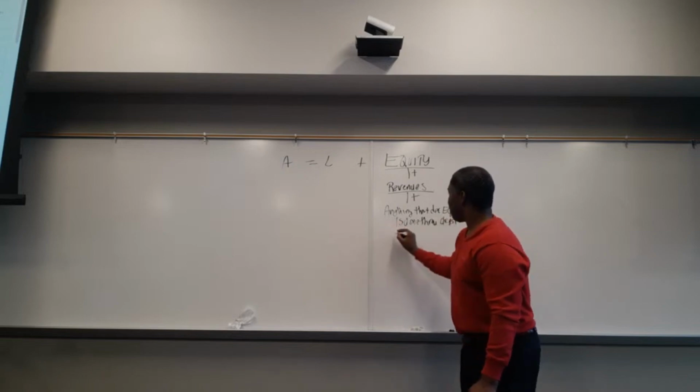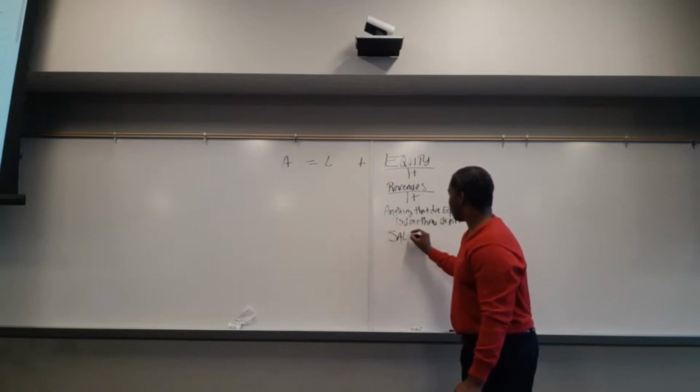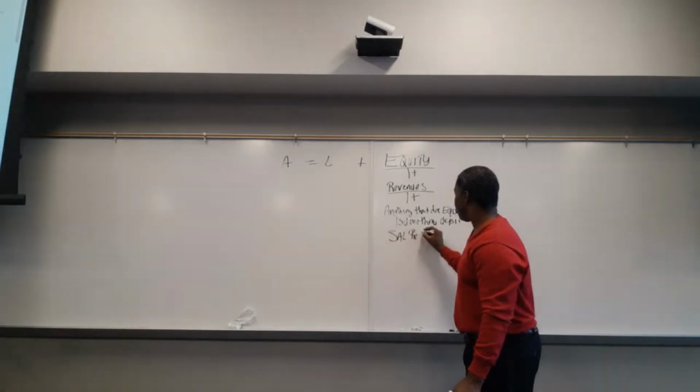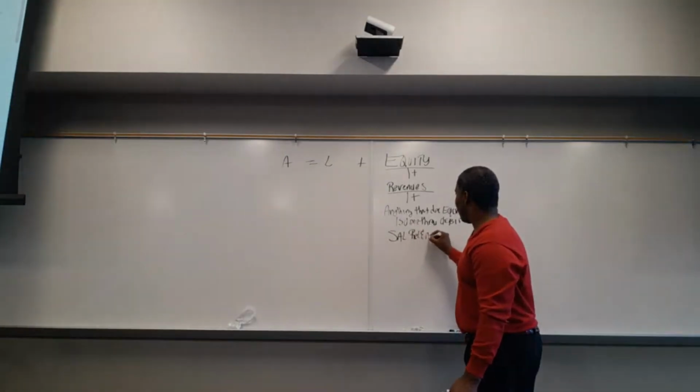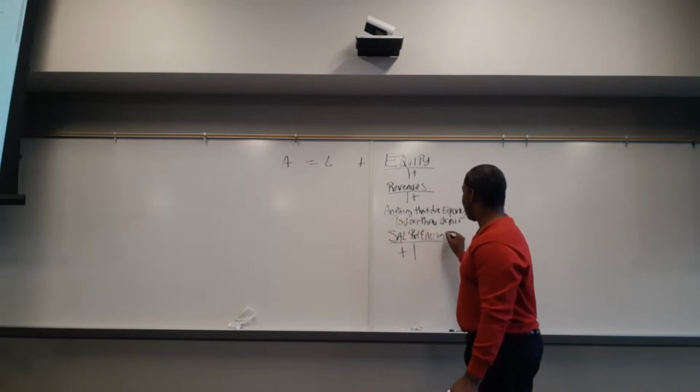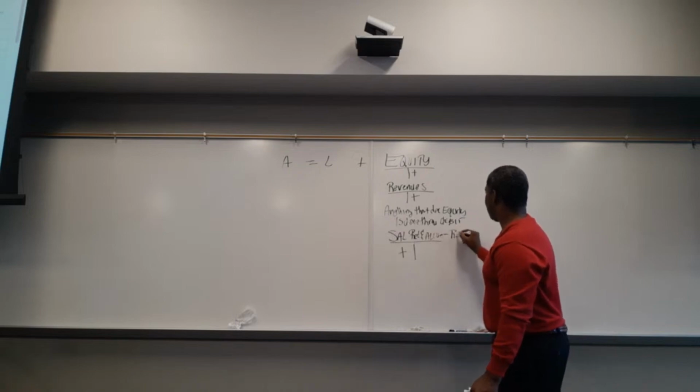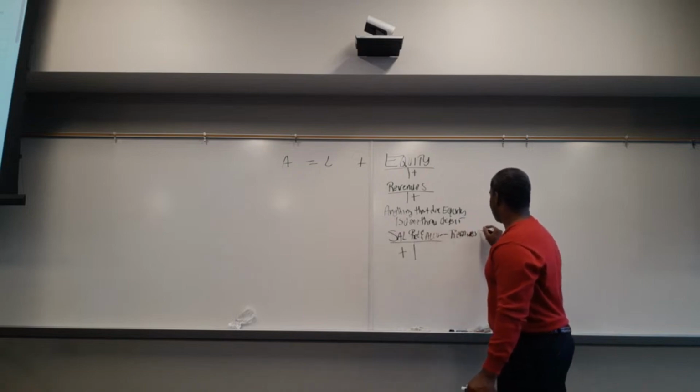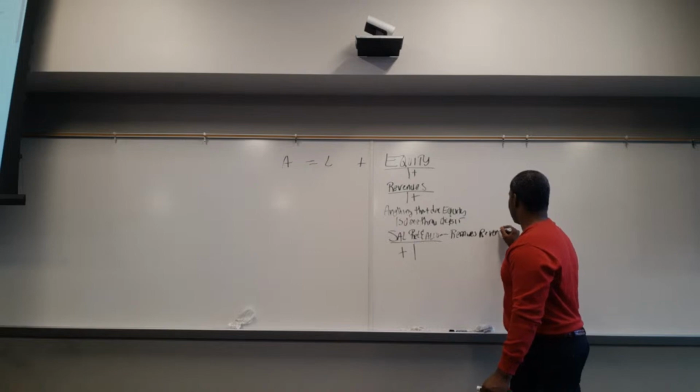Now, that means that sales, returns, and allowances is going to be debited. Why? Because this removes revenues for returns.